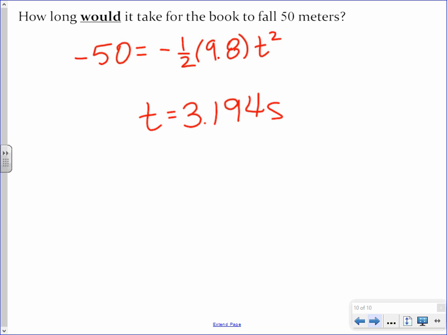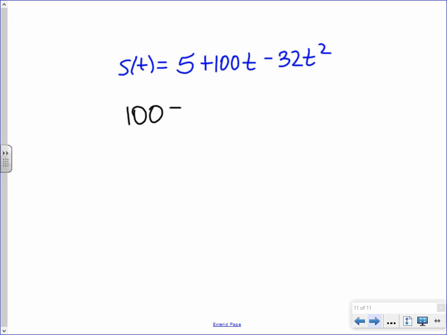Let me give you an example. Let's say our position equation was 5 plus 100t minus 16t squared. That was the one from before, right? And what if I said, how long would it take for the ball to get 100 feet in the air? Okay, so you set this equal to 100.